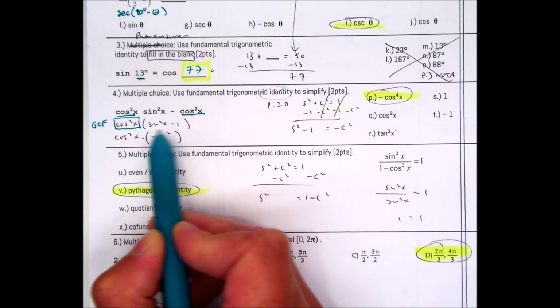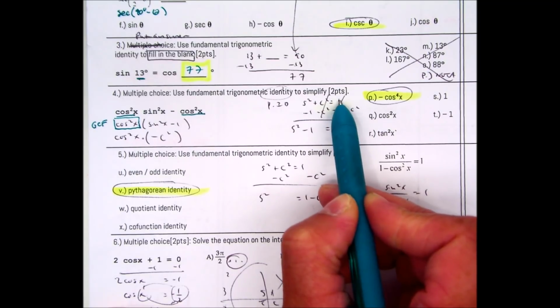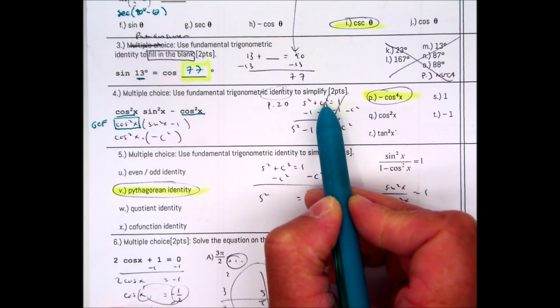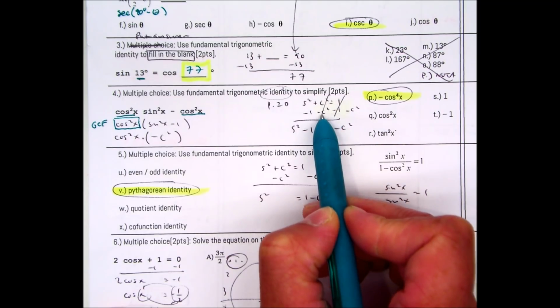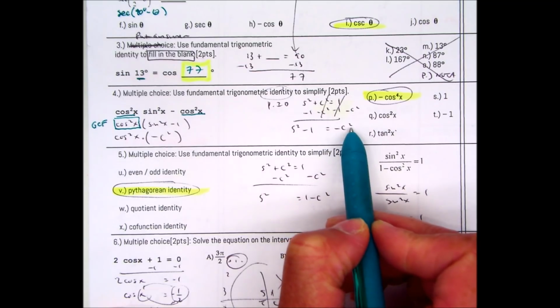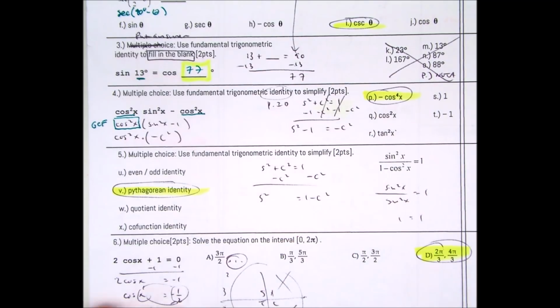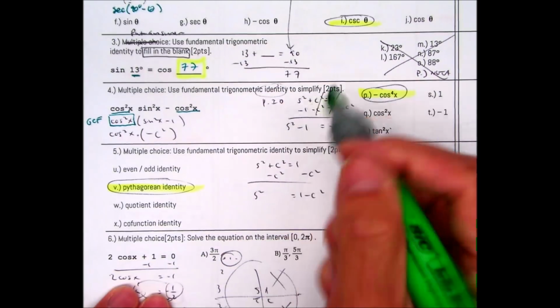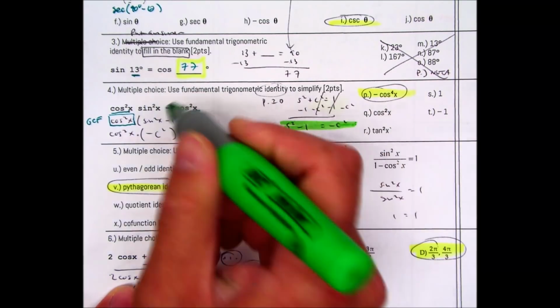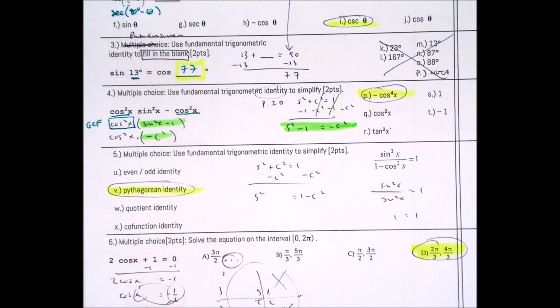If I want to match here, I'm going to have to move this 1 to the left side, subtract 1, and then move the cosine to the other side. And you get sine squared minus 1 equals negative cosine squared. So there's my substitution. Every time I see sine squared minus 1, I'm going to put in negative cosine squared.